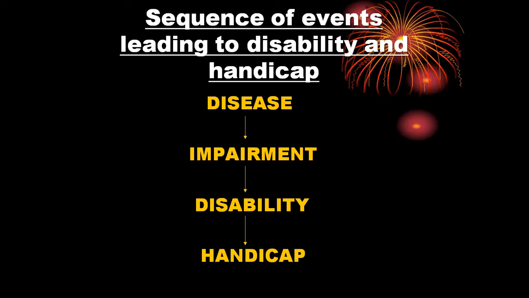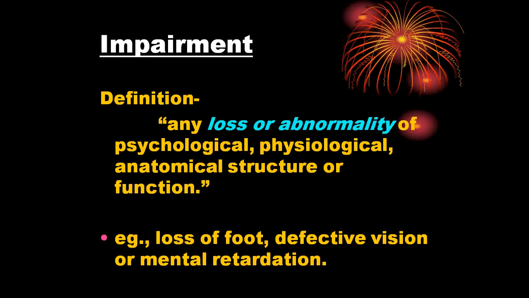We all know that disease causes impairment. What is impairment? Loss or abnormality of psychological, physiological, anatomical structure. Example, loss of foot, fracture of a bone, defective vision, mental retardation. These are loss or abnormality of psychological, physiological, anatomical structure. Just close your eyes and imagine loss or abnormality, impairment.